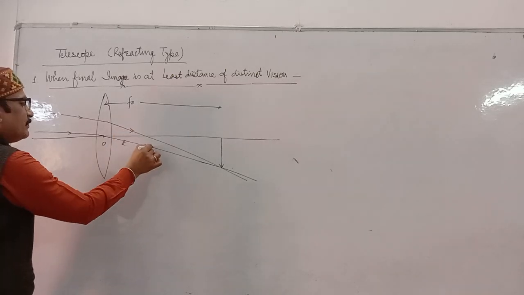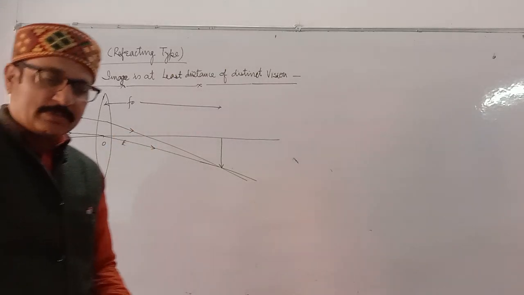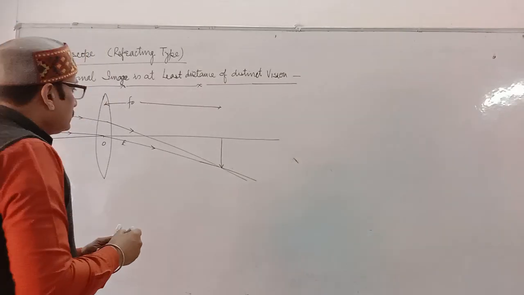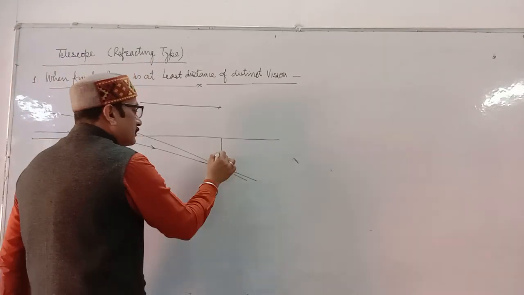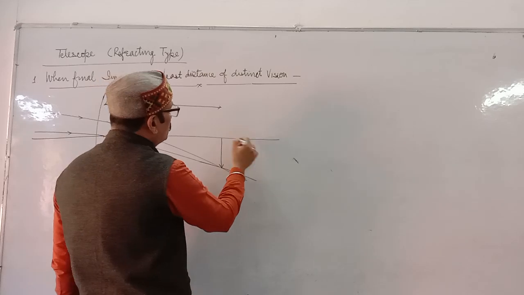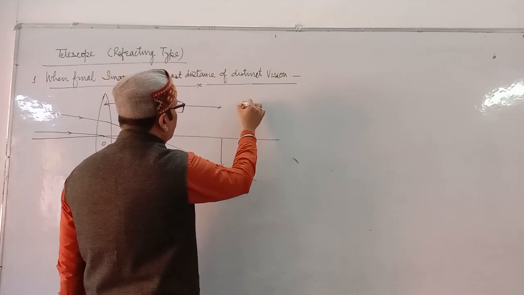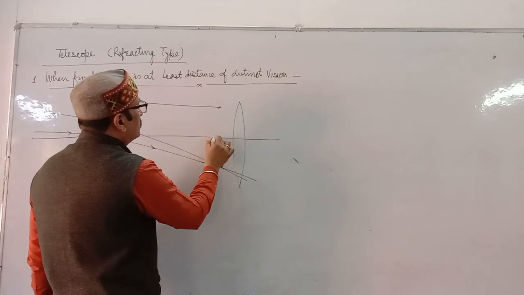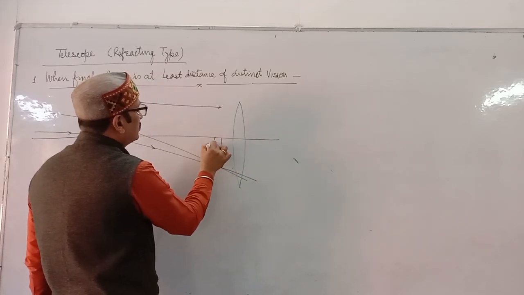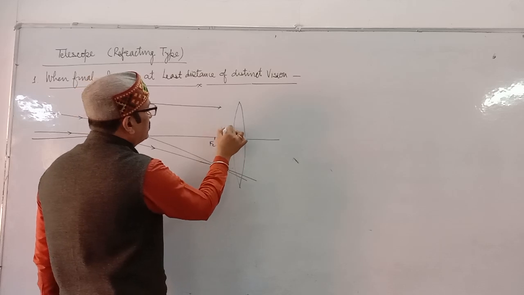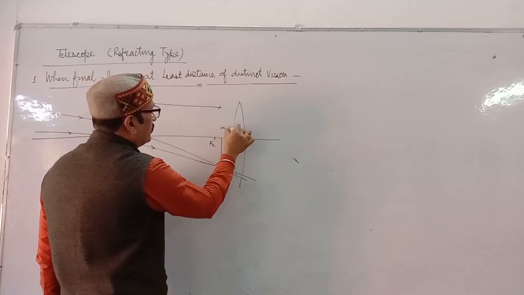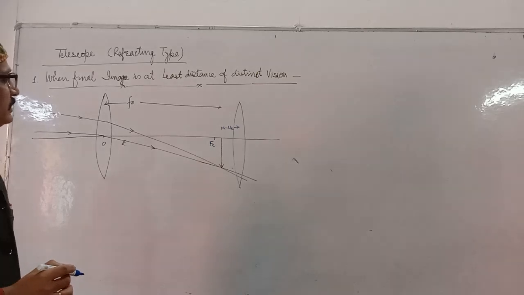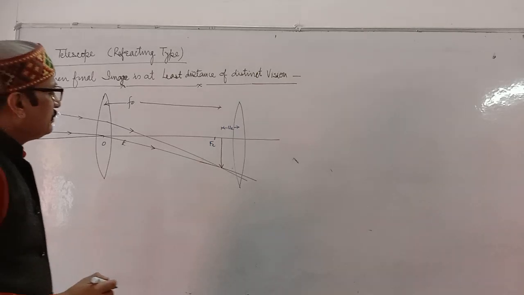Now, since the final image is formed at the least distance of distinct vision, the object for the eyepiece should be within its focal length. So this is the focal length of the eyepiece, FE, and this distance will be UE, the distance of the object from the eyepiece.